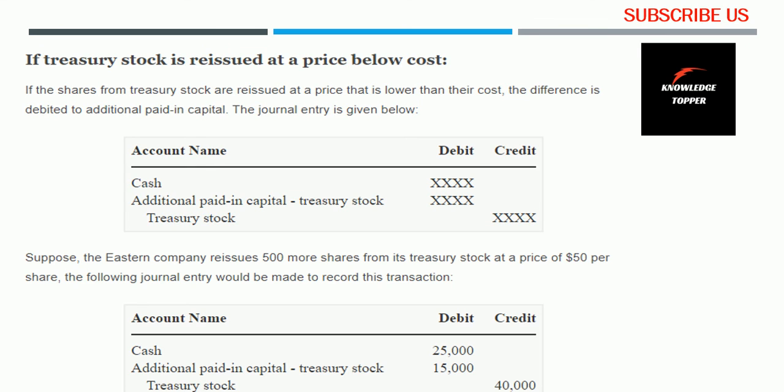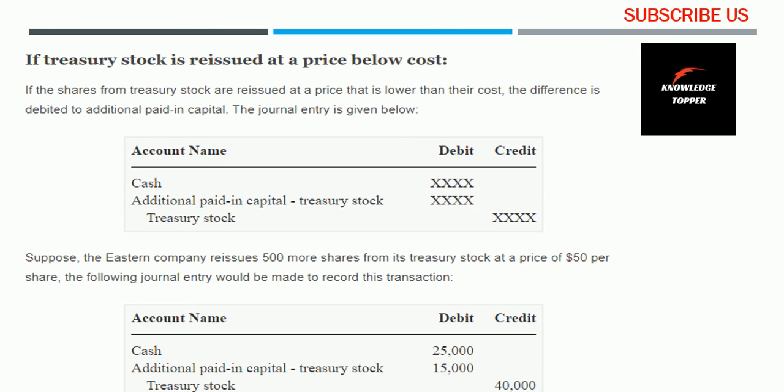The original price of the share is $80 per share, and the price above cost was 110, so we take the difference of 30 and multiply it by 500, which gives 15,000. The treasury stock amount is credited as 40,000.